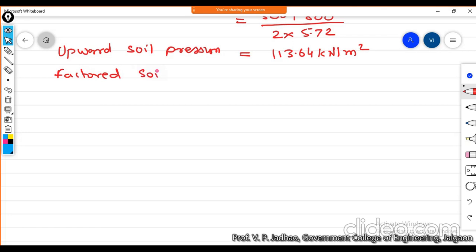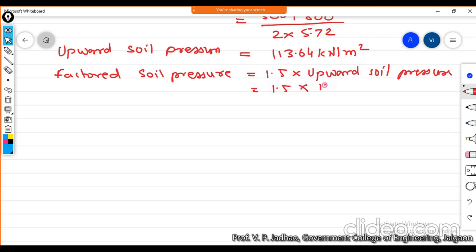What we have to do is just multiply this value by 1.5. The factored soil pressure is equal to 1.5 into upward soil pressure, so 1.5 into 113.64. We get this factored soil pressure as 170.5 kilonewton per meter square.